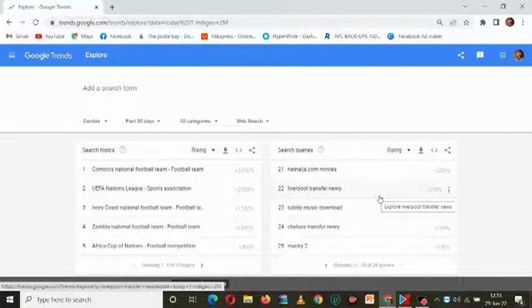So if it is a product, say for example, you want to know the product that Zambia is interested in. If these were products, and you clicked on them, it will show you on which dates these people have been discussing these issues.